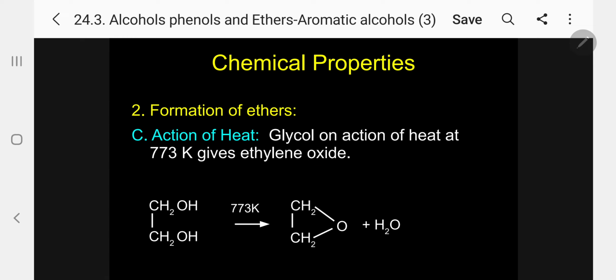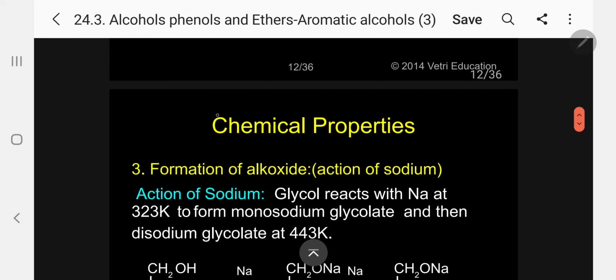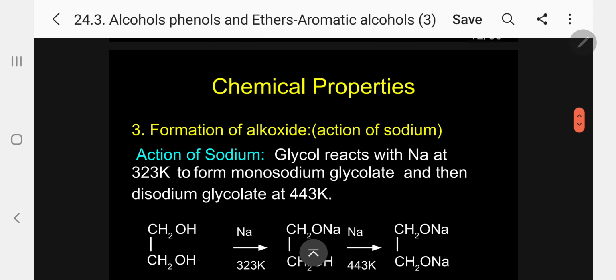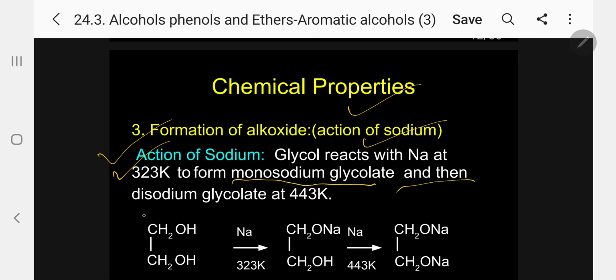Kindly follow. The next one, formation of alkoxide, as in the case of ordinary alcohol, action of sodium. So, under the action of sodium, glycol reacts with metallic sodium at 323 Kelvin to form monosodium glycolate first, and then disodium glycolate at 443 Kelvin, high temperature. We know already that when general alcohol is treated with metallic sodium, it is a test for alcohol, I told you.